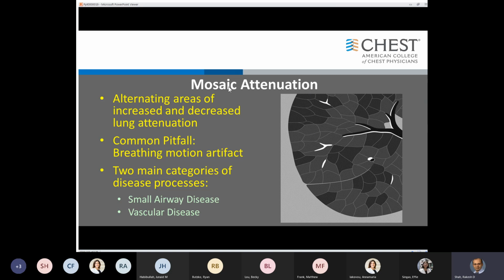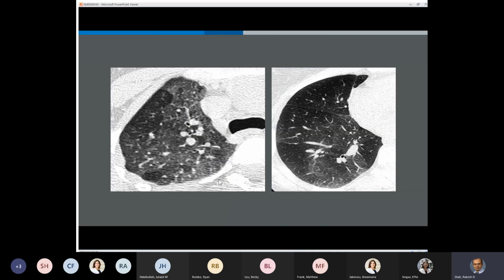The two main conditions that will give you this are airway disease, which is what we'll talk about, and of course vascular or chronic thromboembolic disease, which we won't touch on today. How does it look on imaging? When you look at the images, you can see that this is a little lucent, a little bit opaque. And if you look more carefully, you can see that the borders are kind of sharp.